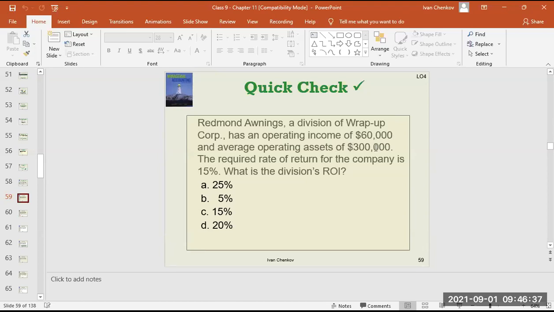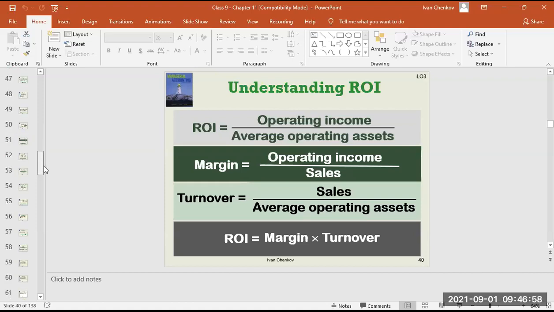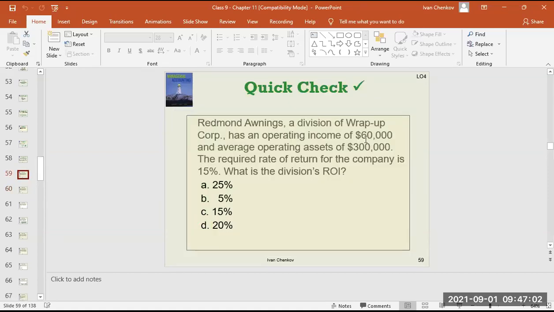The assets are $300,000. What's the return on investment? Remember the simple formula for the return on investment: operating income divided by the average operating assets. So 60,000 divided by 300,000, what's the current return on investment? 20%.